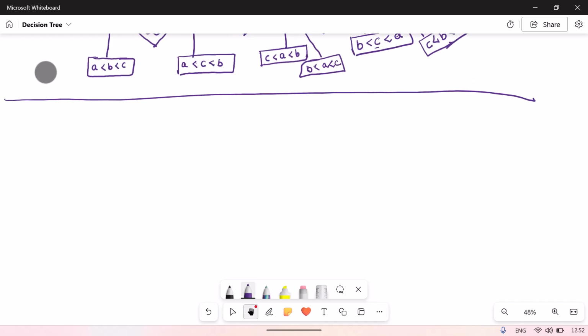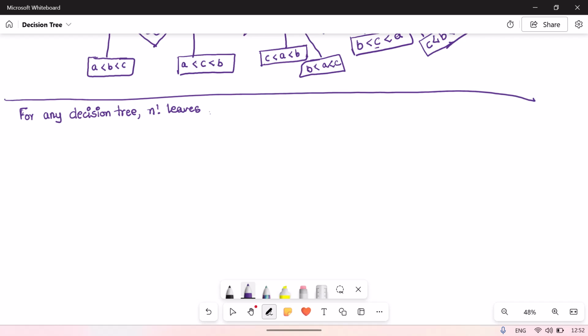See here. For any decision tree, there will be n factorial leaves. Okay.